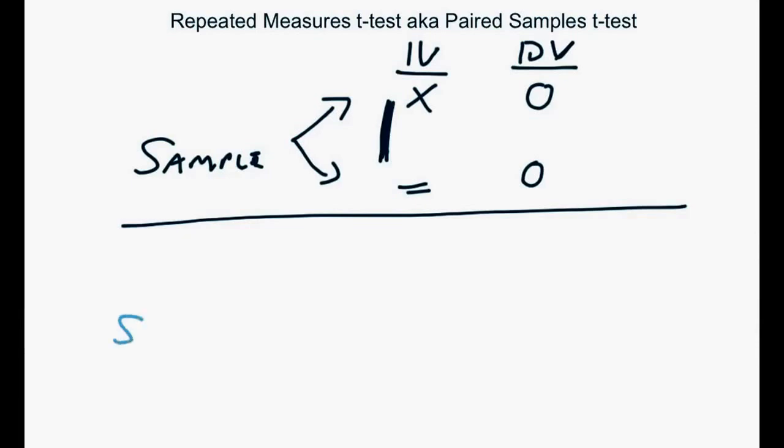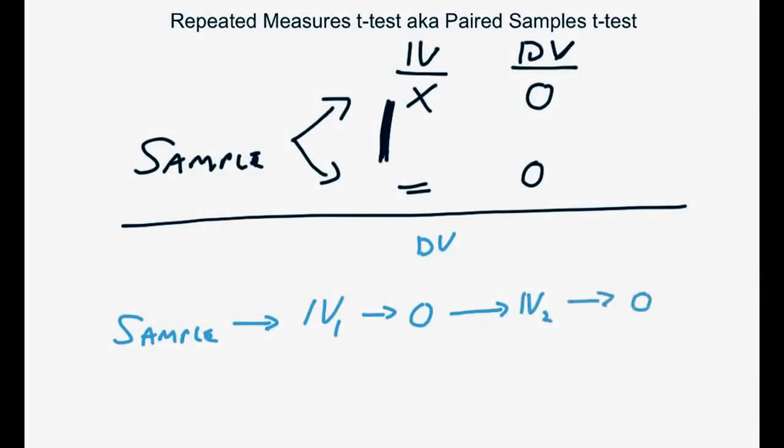You take a sample and you run them through one level of your IV, and then you measure them on the DV. But then you take them and you put them through the other level of your IV and measure them on the DV again.